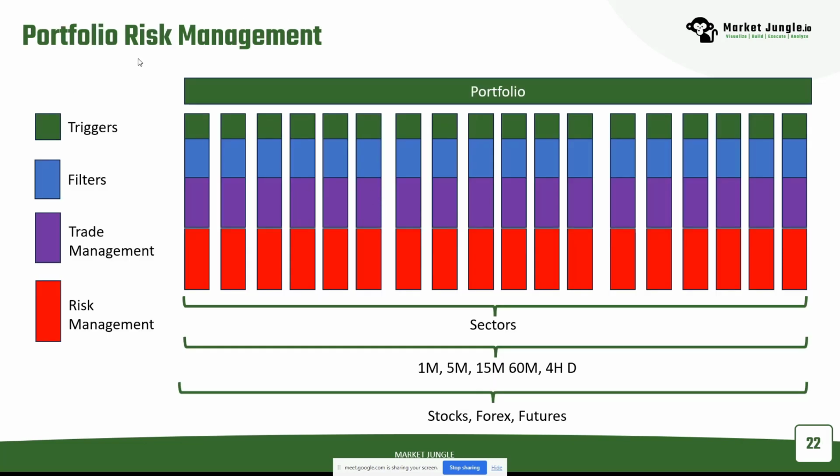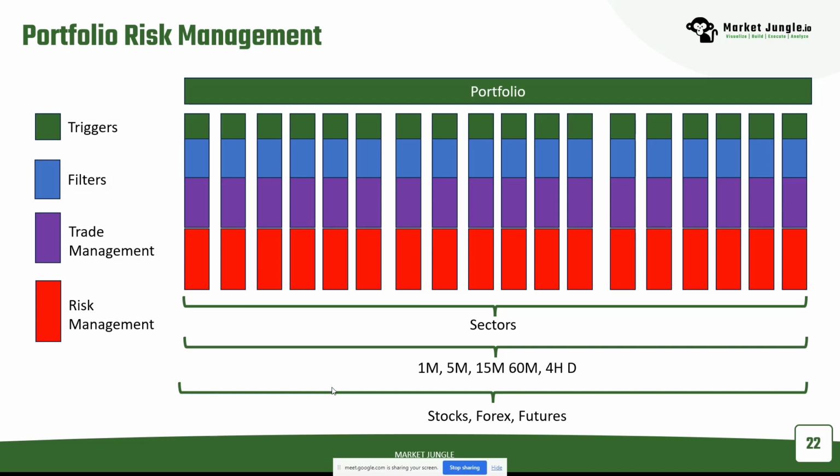Great. So moving forward, when we talk about portfolio management and risk management across the portfolio, I gave the example early on about how we had triggers, filters, trade management, risk management, and when we look at our overall portfolio, this is an example of having multiple strategies, and it's an example of diversification.